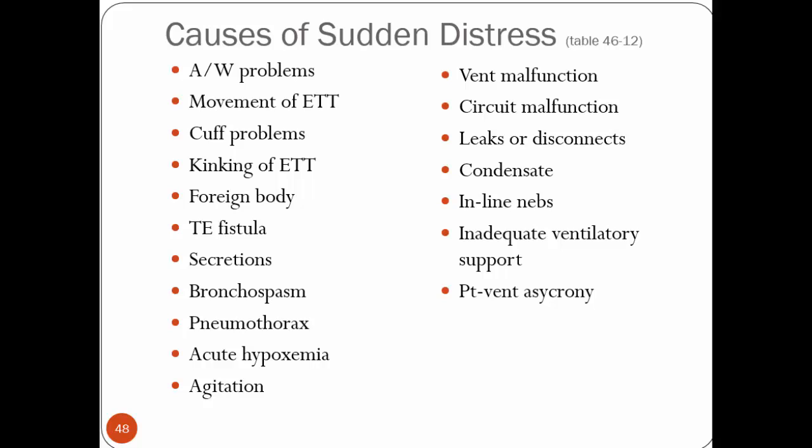Secretions, as mentioned before, listen to them first thing. It's going to be the first thing that we do, is listen to them and get them suctioned out if needed. Bronchospasm, again, listening to them, listen for the wheezes, and of course the fix there is the bronchodilator. The pneumothorax is certainly an issue of positive pressure ventilation.